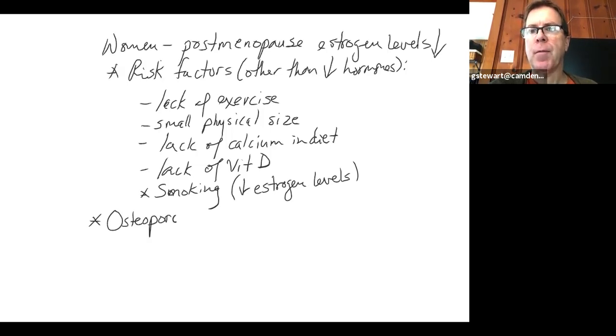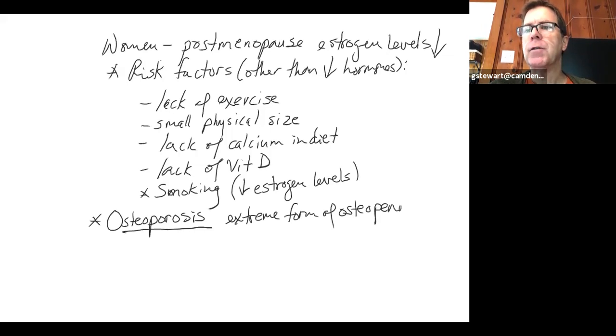I want you to remember that osteoporosis is just sort of an extreme form of osteopenia. When you hear or read the word osteopenia, that happens in almost everybody. Osteoporosis does not happen in almost everybody.